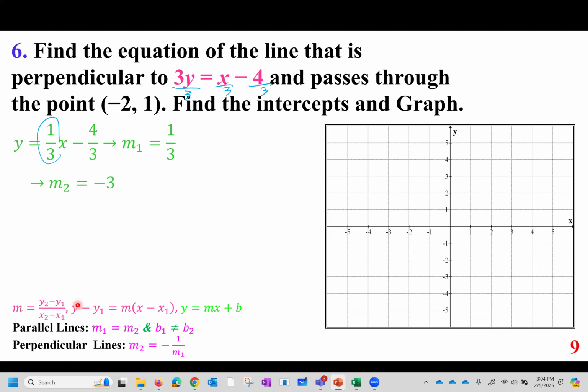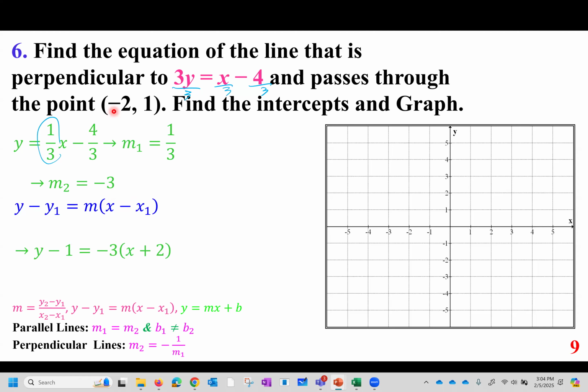And now we are going to use the point-slope form again. y minus y1 equals m times x minus x sub 1. We have the slope and we have the pair. So y minus 1 equals negative 3 times x minus negative 2, which makes it plus 2.